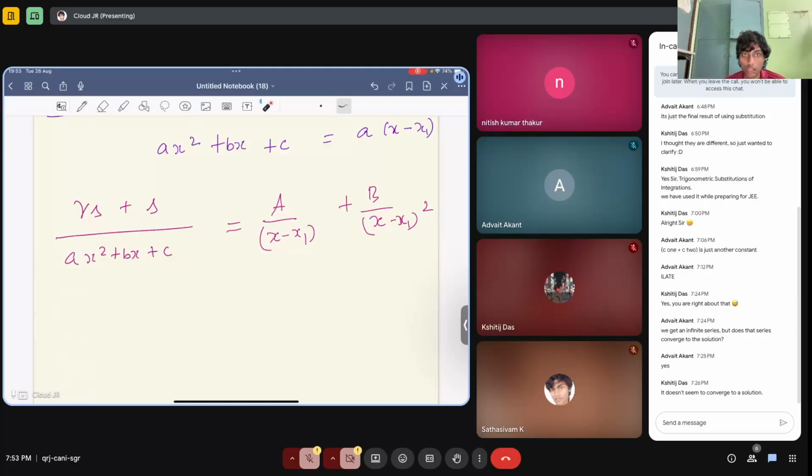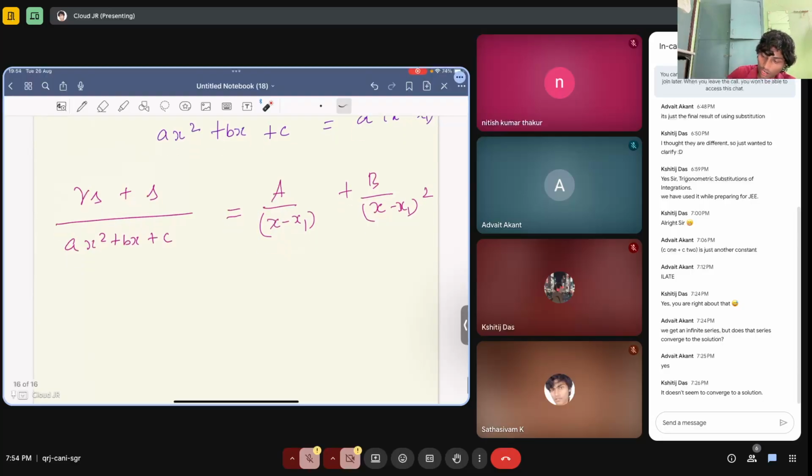Because, see basically here, how do you add these two things? When I have two different terms here, then when you add them, you have to take the LCM, right? If I don't put a square here, then if you take the LCM, what will you get?